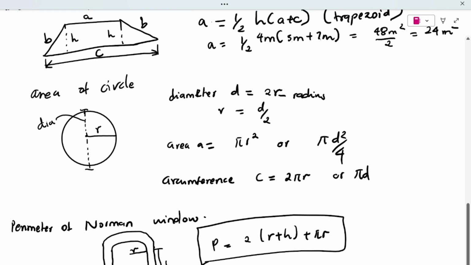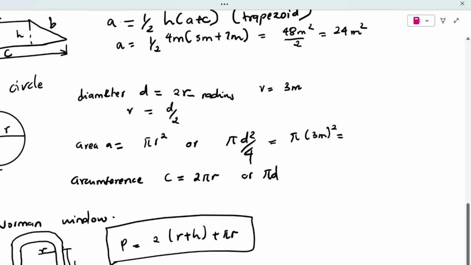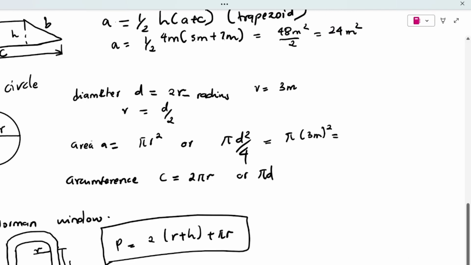For the area of the circle, let's say r is equal to 3 meters. So the area is equal to pi r squared. That is pi times 3 meters squared, which is pi as 22 over 7 times 9 meters squared. I'm going to leave the answer as a fraction.